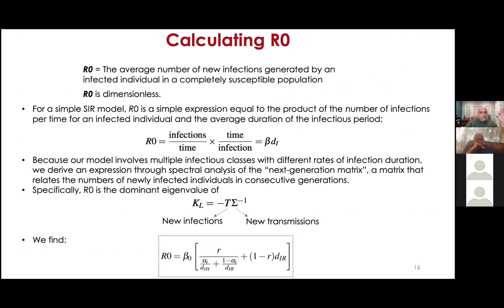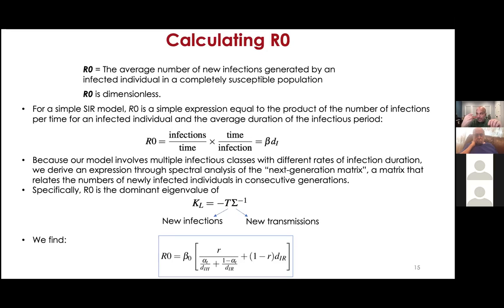One of the important things to calculate here is R naught, and in a simplified SEIR model it's easy to interpret as the number of infections per time period that an infected individual will cause.